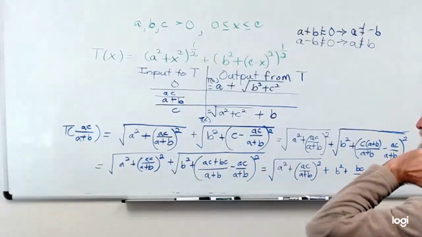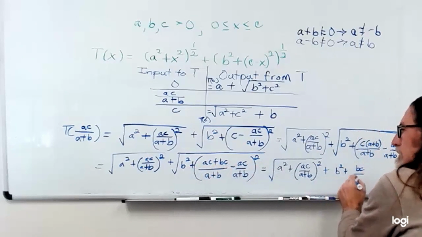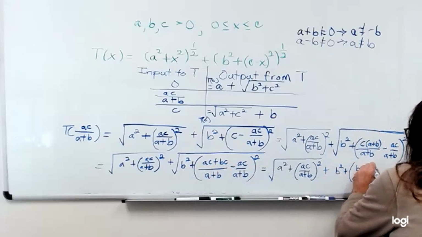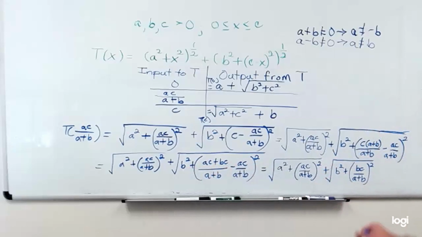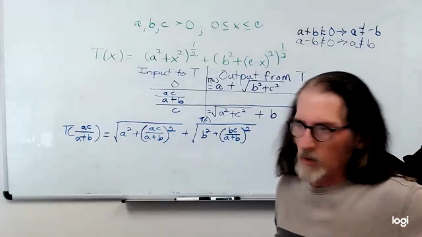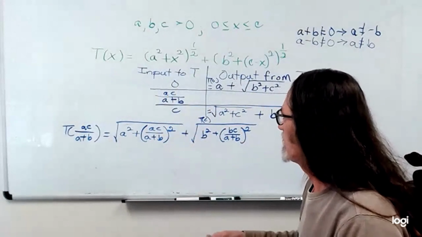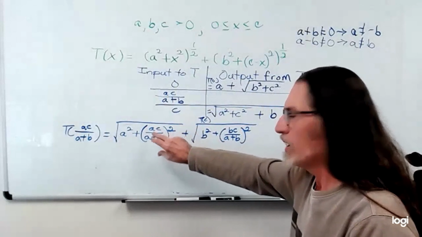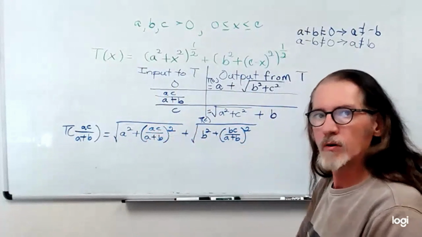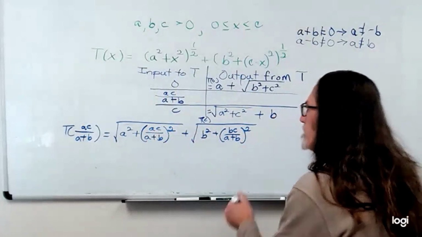So under that second square root, after the b squared, all that's left of the second term being squared there is BC over A plus B. In each case, on that second term, under each square root, I'm going to split up the squaring across the quotient and across the product in the numerator, taking two steps in at the same time.